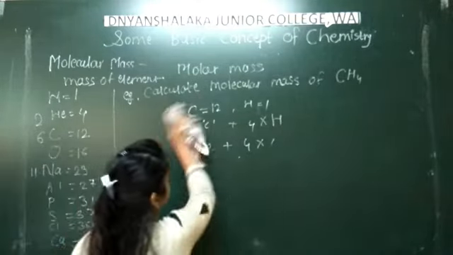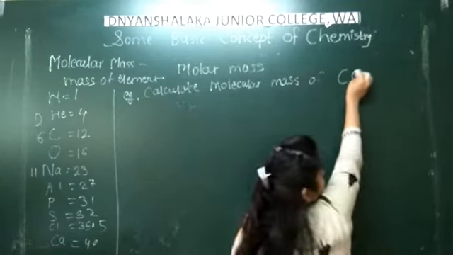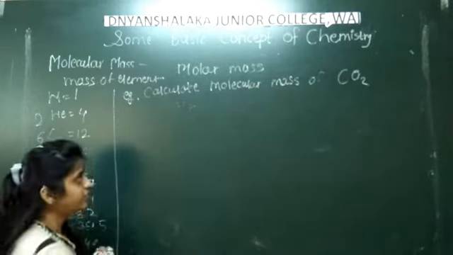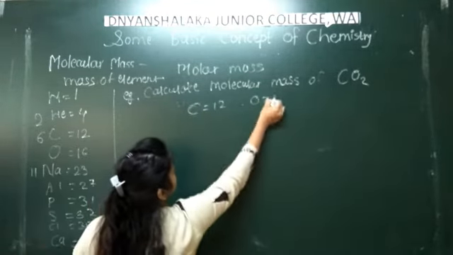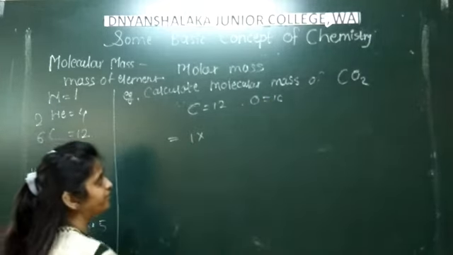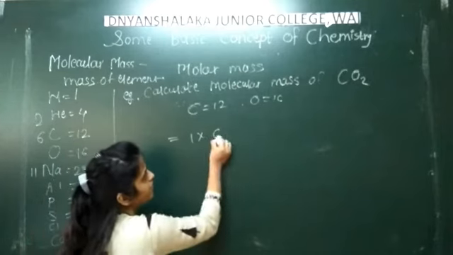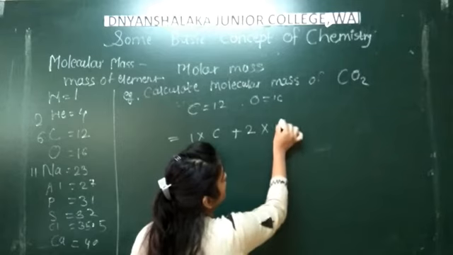Next example, carbon dioxide. Carbon atomic mass 12 and oxygen atomic mass 16. So 1 mole of carbon into atomic mass of carbon plus 2 moles of oxygen into atomic mass of oxygen.